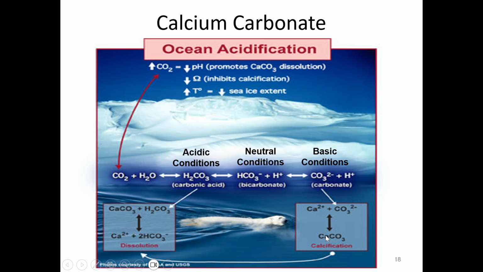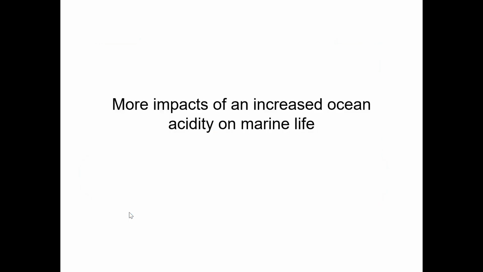It doesn't make the calcium carbonate. It only breaks it down, making it much, much harder for the shellfish to make their shells or to even survive because their shells are being reacted with from the acidic water. That's bad. So what are some other impacts besides just tearing up the calcium carbonate?